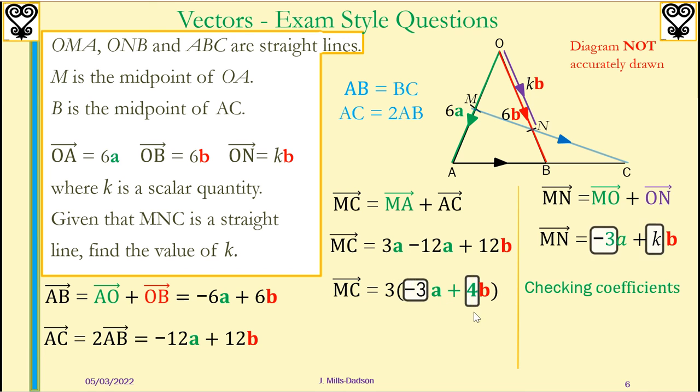So if you compare, this is minus 3, that is minus 3, then this must be equal to that. And therefore K is equal to 4.